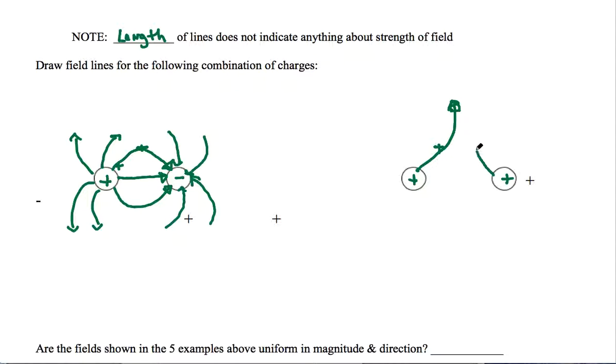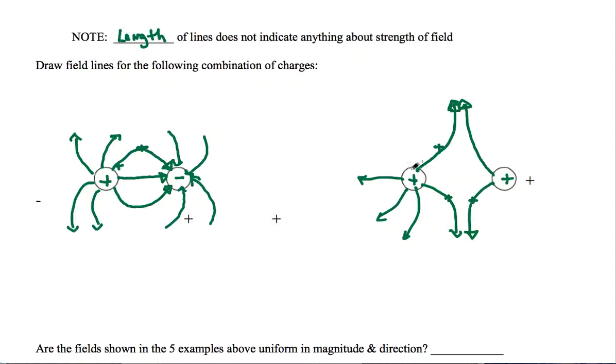Over here, the same thing, and notice that the 2 fields are kind of pushing off one another. Down over here, if I put a positive charge here, it's going to want to get away from the one on the left. If I put a positive charge right here, it's going to want to get away from the one on the right. And notice that I'm not crossing these field lines. It actually goes that the field lines will never cross.